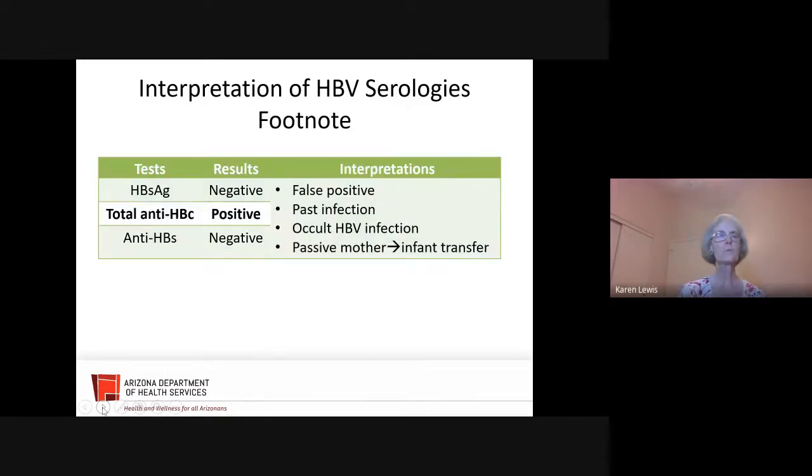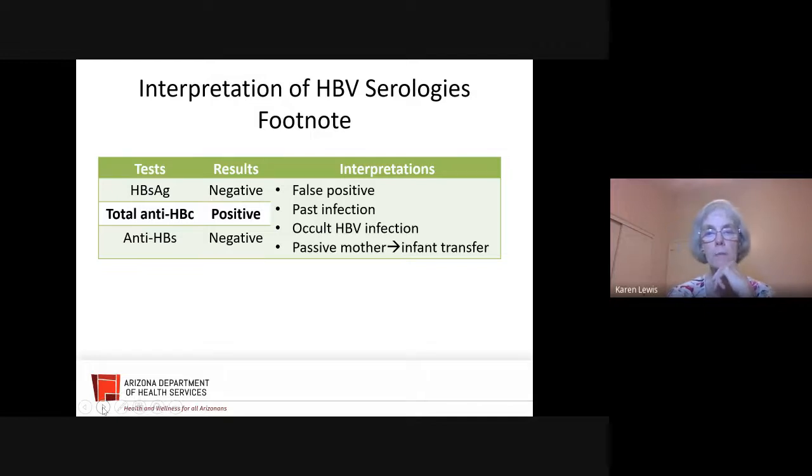Okay, there are a few ifs, ands, or buts. If the total antibody to hepatitis B core antigen is positive, but the surface antigen is negative, and the antibodies to surface antigen are negative, there's 4 different interpretations that CDC lists. One is that the anti-HBC could be a false positive.